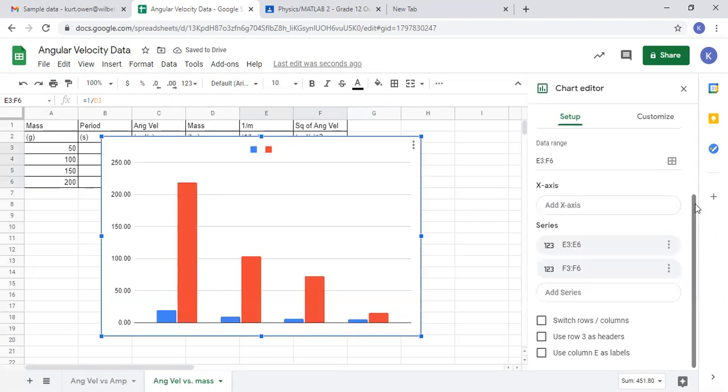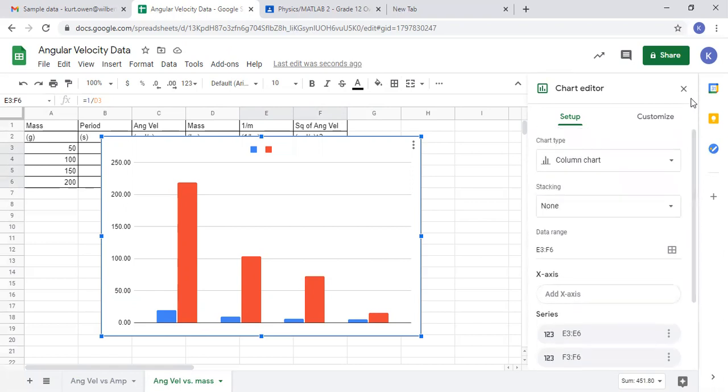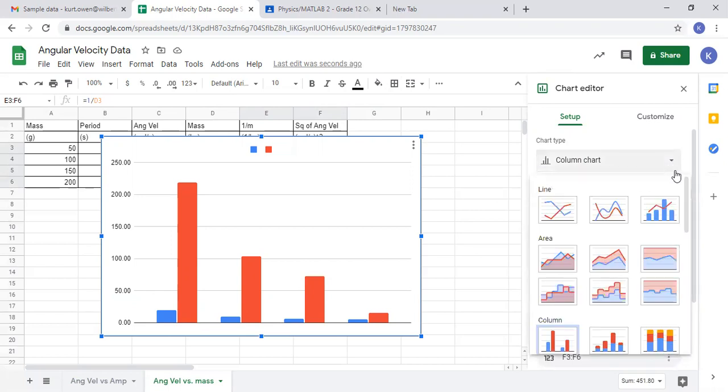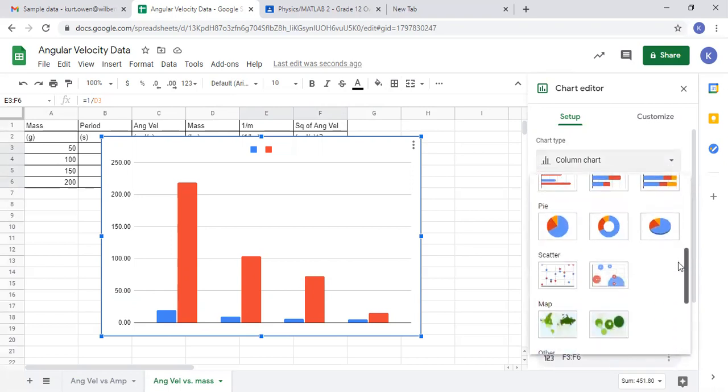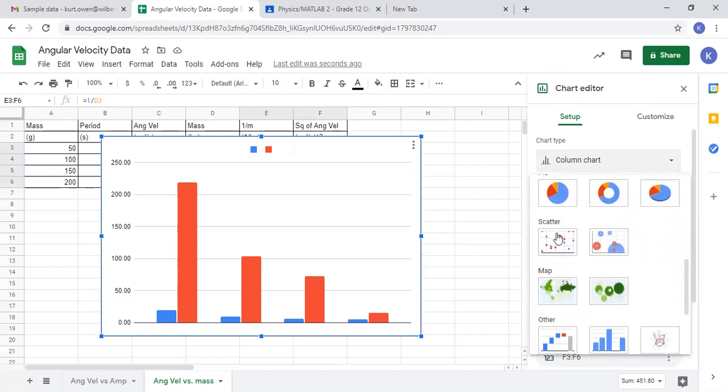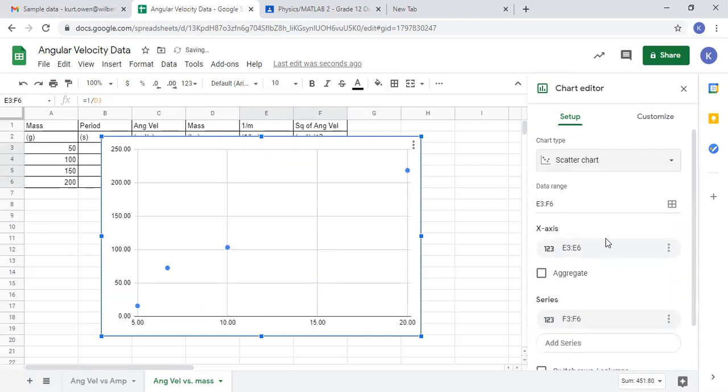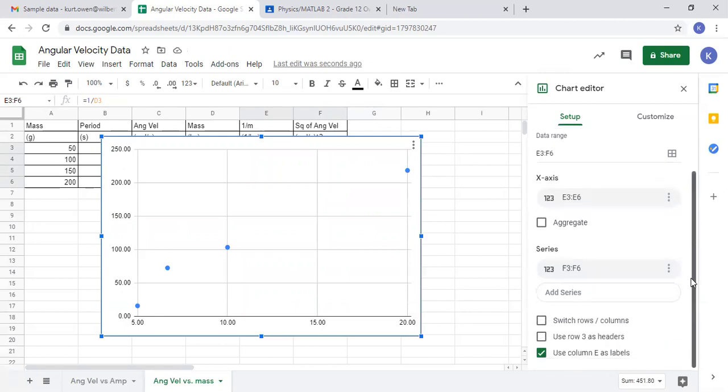All right, and we're going to follow the same procedure. Let's say I'm going to go up to the top. I don't want it to be a bar graph. Remember, this is sort of built more for business than for science. So I'm going to change it to a scatter plot. All right, and I believe everything is good there.